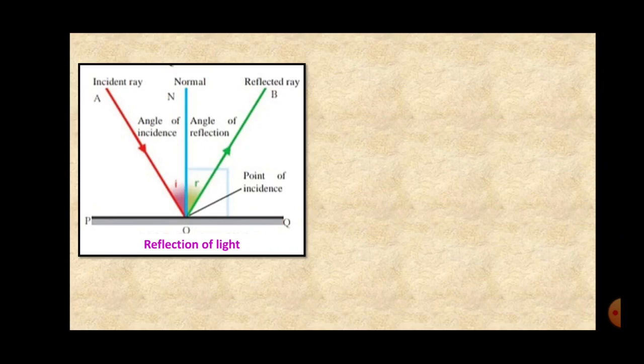Now here the angle between the incident ray and the normal, that is AON, is called the angle of incidence, and the angle which is formed between the reflected ray and the normal, that is BON, is called the angle of reflection, and the normal is at the point of incidence, right?